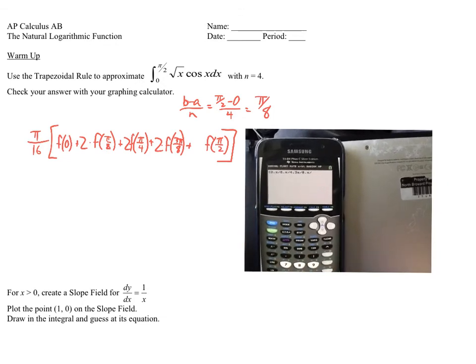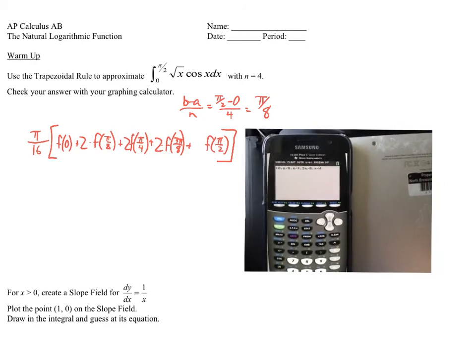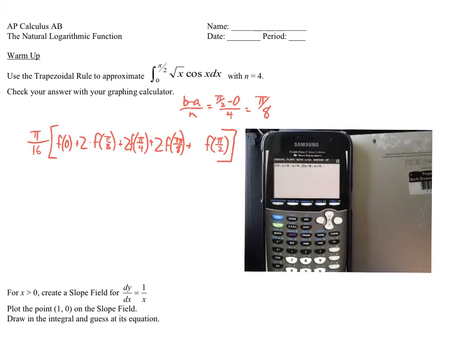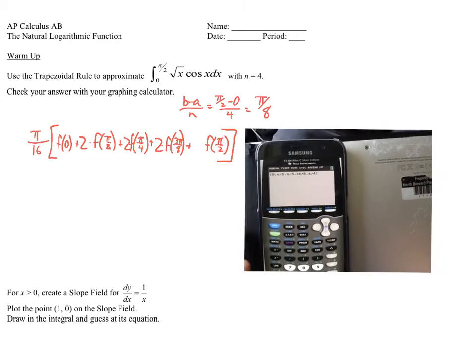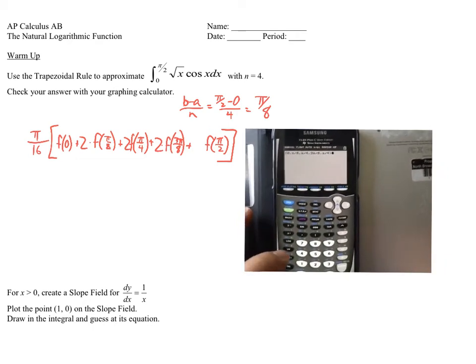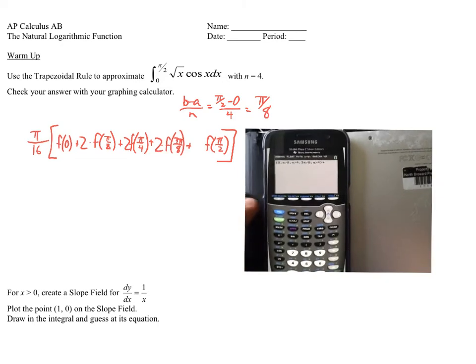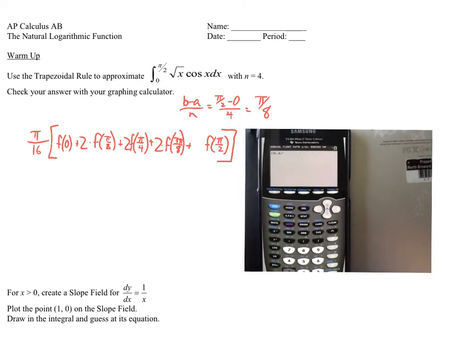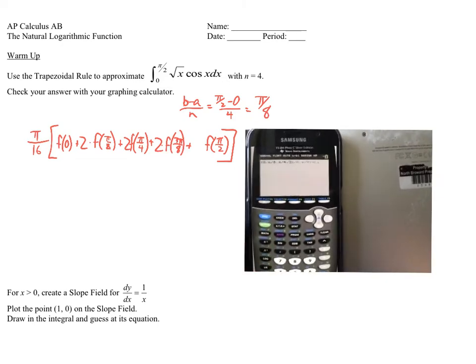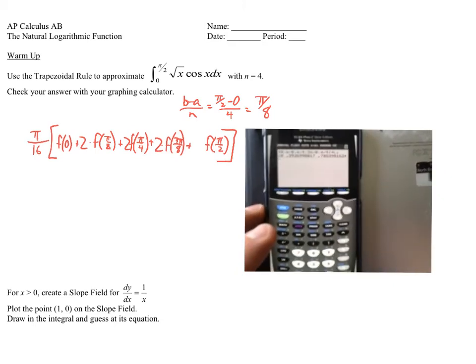Alright, so there are 4 trapezoids, which means we have the end point and then the 3 points that are shared between them, and then the other end point of that interval. Okay, and I'm going to store that, so I hit STO, store, in list 1. So second 1 is list 1. Okay, so there's our list of all the angles.